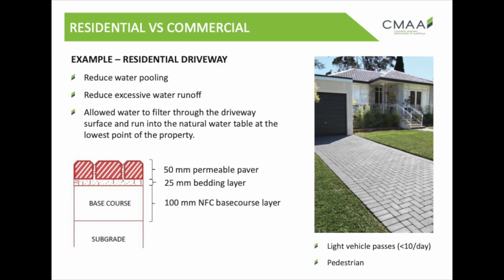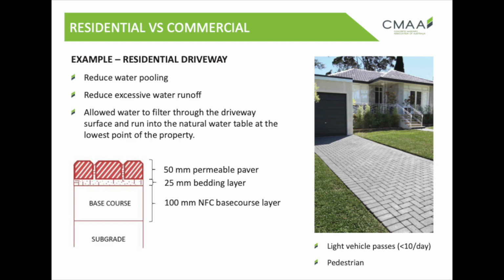And now I'm just going to go through an example of a residential driveway. For this particular project, there were two factors that they were trying to address. They were trying to address water pooling issues as well as excess water runoff. As you can see on the schematic on the left, this project uses 50mm permeable pavers on top of a 25mm thick bedding layer using 2 to 5mm aggregate to facilitate water drainage.